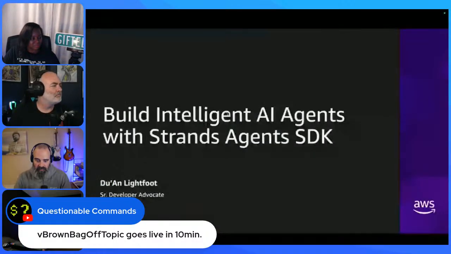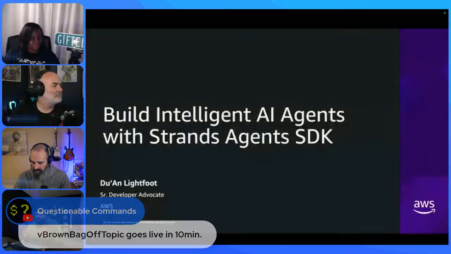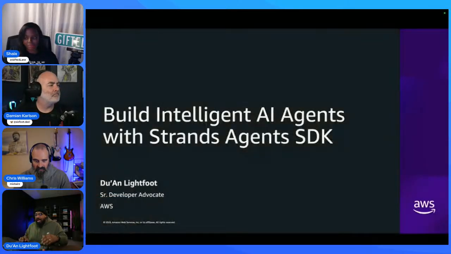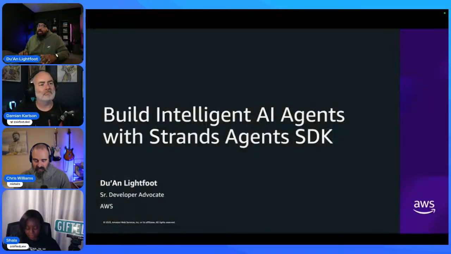It's up. Okay, so today we're going to talk about building intelligent AI agents with Strands Agents, which is an open source Python SDK created by AWS that allows you to build agents fast in a few lines of code. The cool thing about it is that if you know AWS, we have Amazon Bedrock.